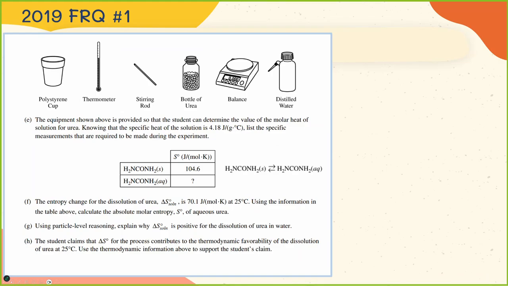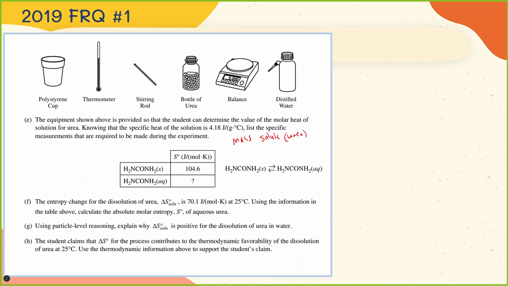This one right here, the equipment is provided so the student can determine the value of the molar heat of solution for urea. Knowing the specific heat, list the measurements that are required to be made during the experiment. So you need to find the mass. We need the mass of your solute, which would be the urea.